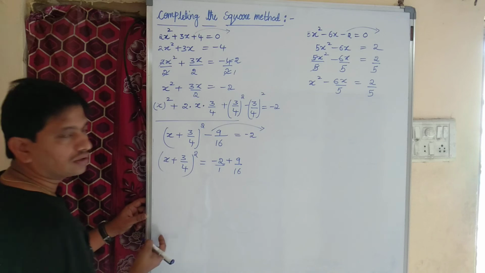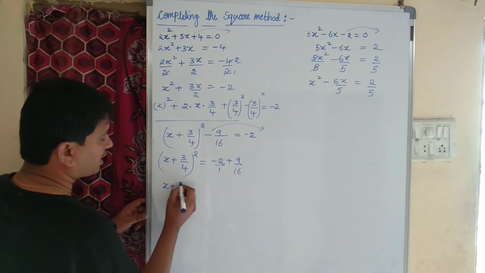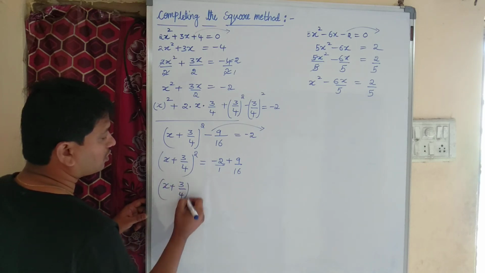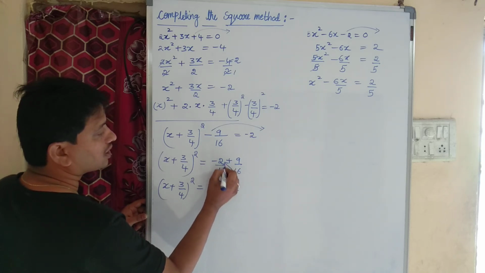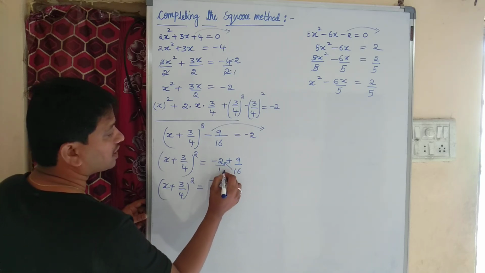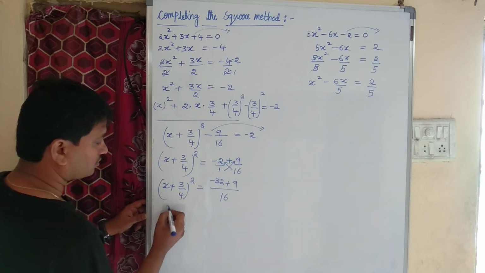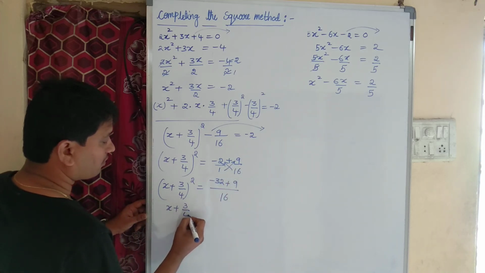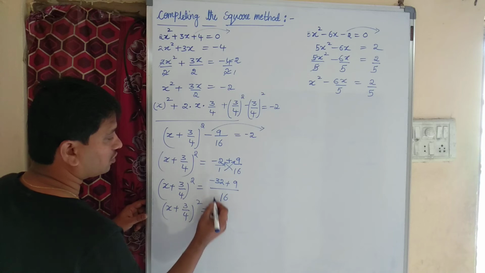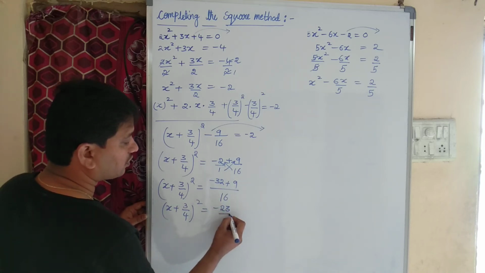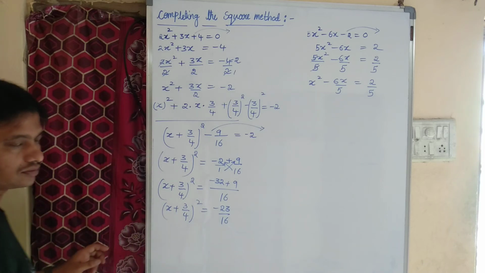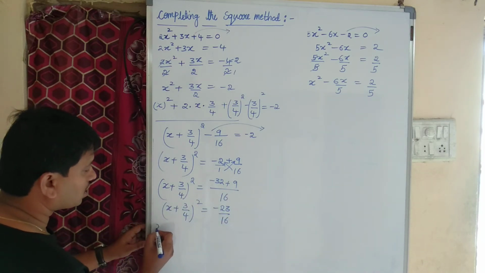Here the LCM is 16: 16 twos are 32, plus 9 ones are 9. So (x plus 3 by 4) whole square equal to minus 32 plus 9, I mean minus 23 by 16. Square transpose, children.